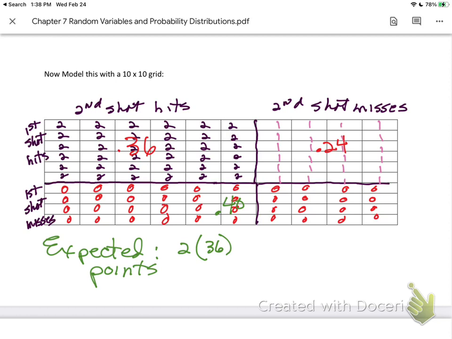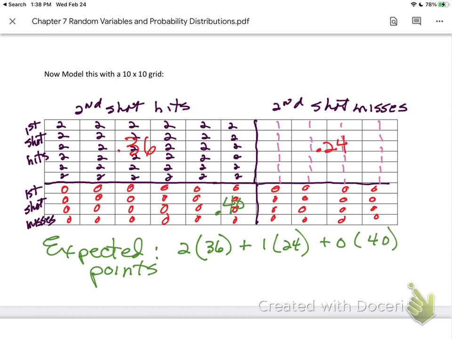So you have 2 times 36, because you get 2 points, and you get that 36 out of 100 times, right? Plus 1 point, you would get 24 times, because the probability is 0.24, and then times 100 makes that 24. And then 0 points, you're going to get that 40 times.